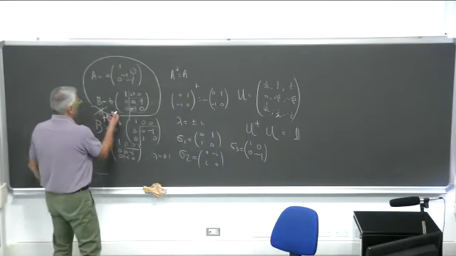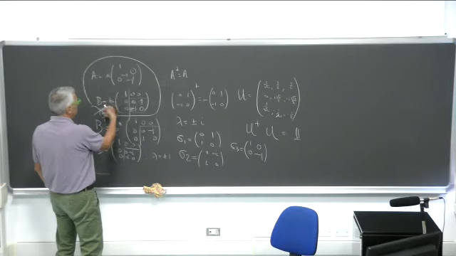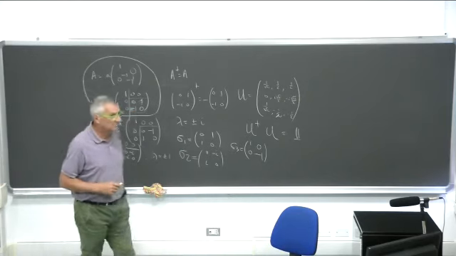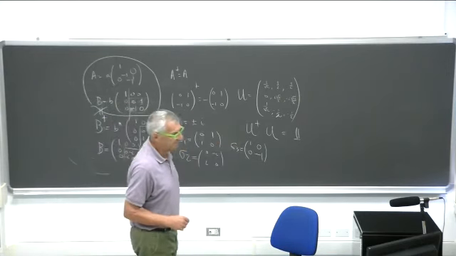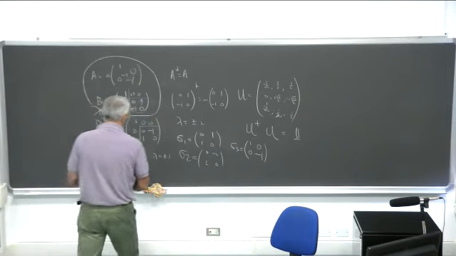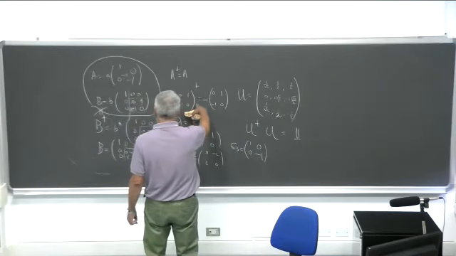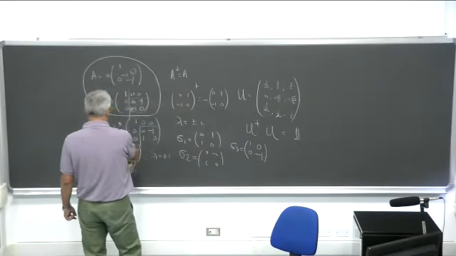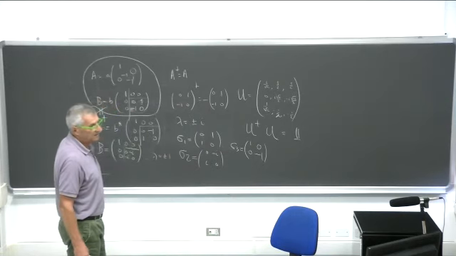And by the way, there is no choice of B that makes this Hermitian, because there is a 1 here, so B can be real or imaginary, it doesn't matter. This will not be a Hermitian operator. But the diagonalization can still be done, because diagonalizing this or this is the same. The only thing that changes is the eigenvalues.